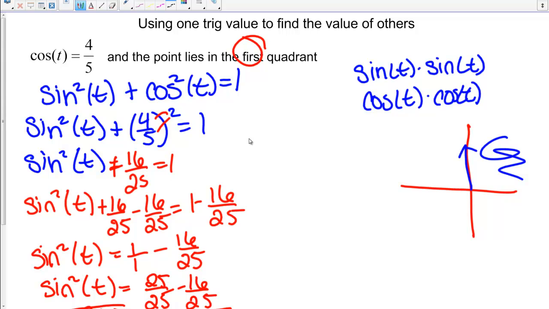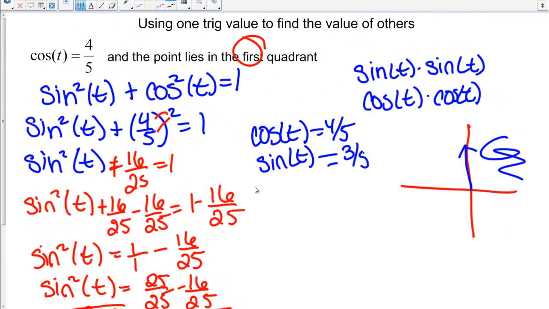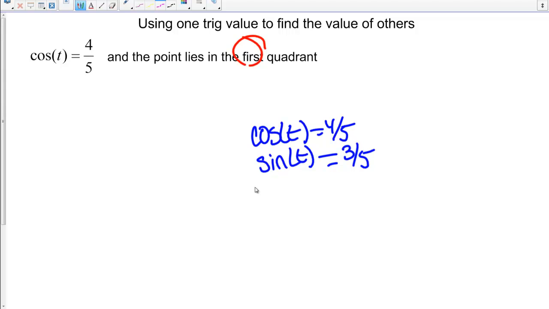So we know that cosine of t is 4/5. We knew that sine of t is, what did we just say it is? 3/5. We know that tangent is equal to sine divided by cosine.